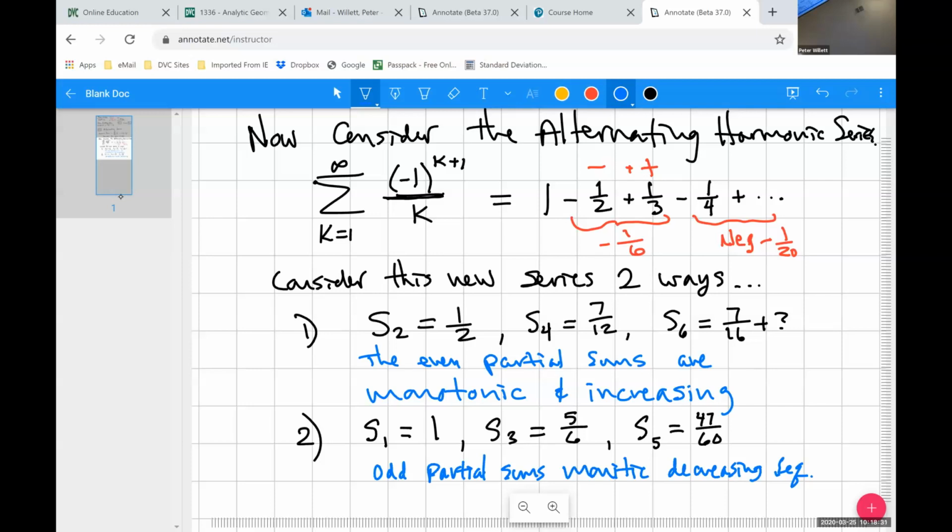Questions so far about this logic or this idea? I know it's a little thick.